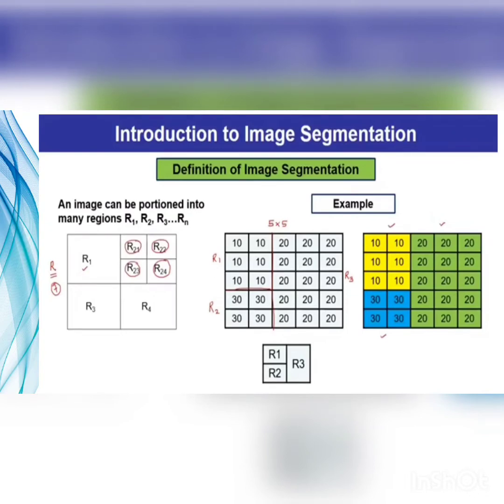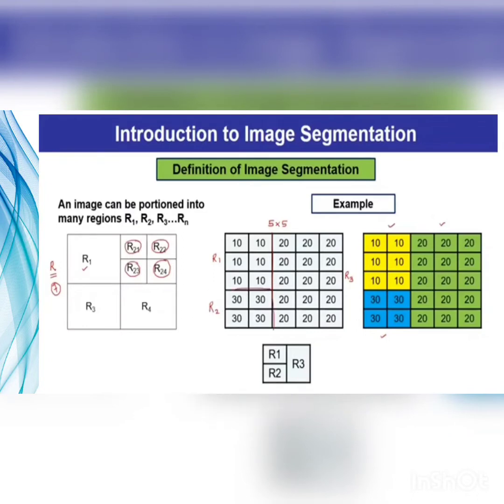Let's look here. This region contains the same values, so based on that similarity we can partition that region as R1, the first partition. Now look at this, these contain similar values, so we can partition this region based on that similarity. So we have selected the second partition, R2.